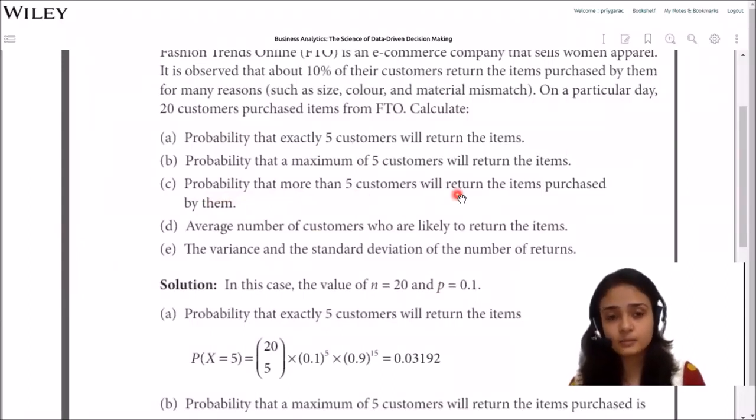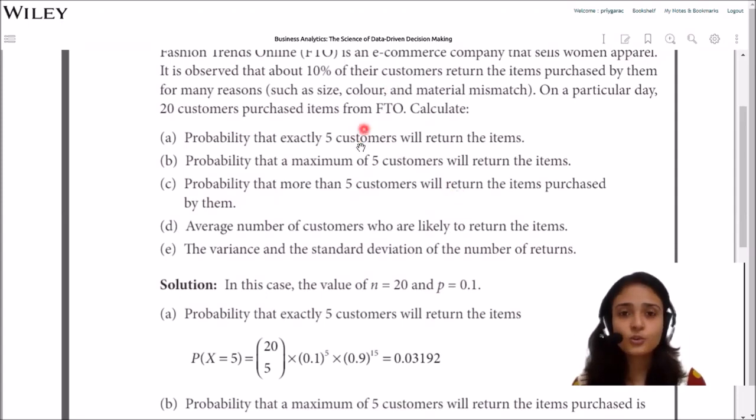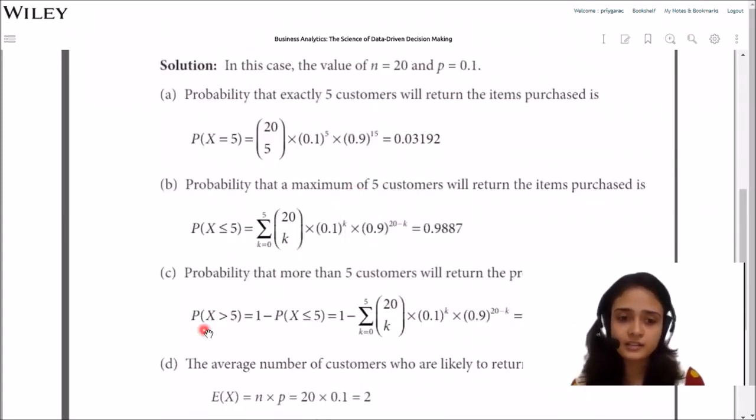Now the third one: you want to find the probability that more than 5 customers will return the items purchased by them. More than 5 means x is greater than 5. We do not have a direct formula for the probability of x greater than 5. So we use the formula for x less than or equal to 5 and do 1 minus the probability of x less than or equal to 5.